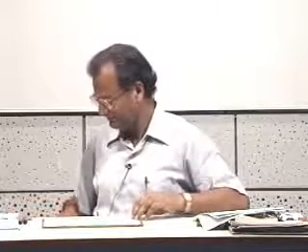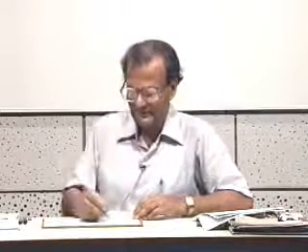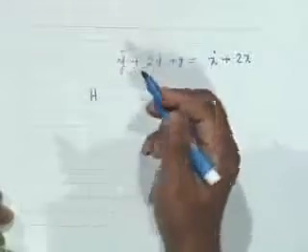Let's take another example, slightly more complicated. y double dot plus 2y dot plus y equal to x dot plus 2x. Alright. I want to find the impulse response of this.